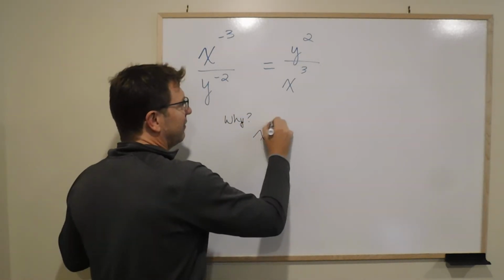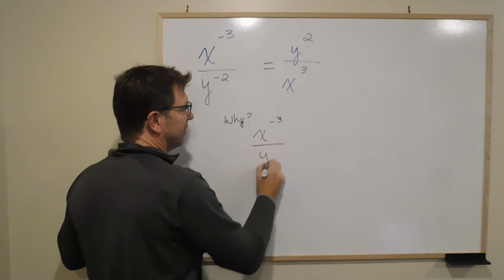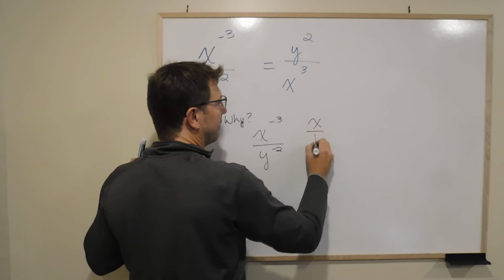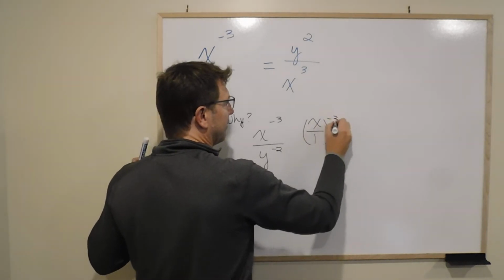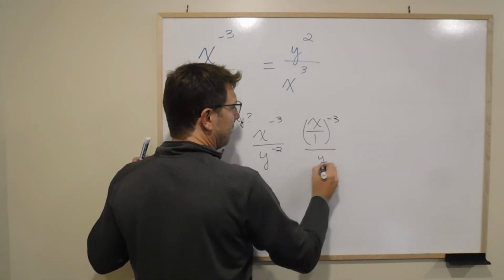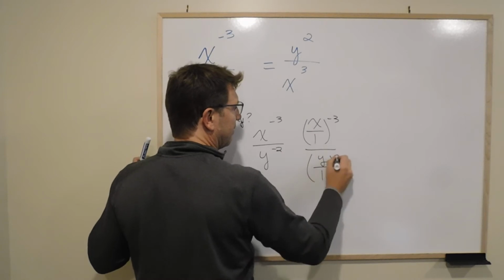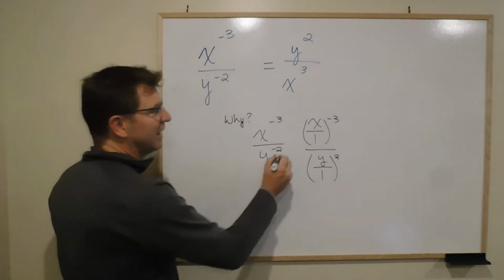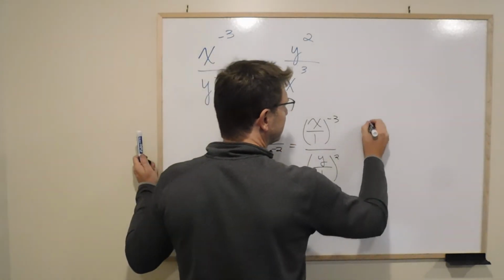So if I have this, to get rid of a negative exponent, first thing I do is I make the bases fractions, because then I can flip the fractions.